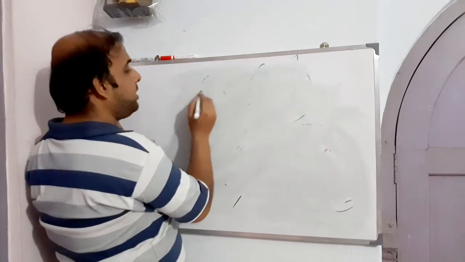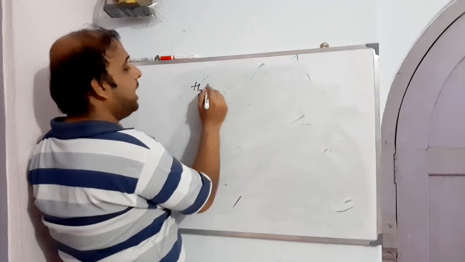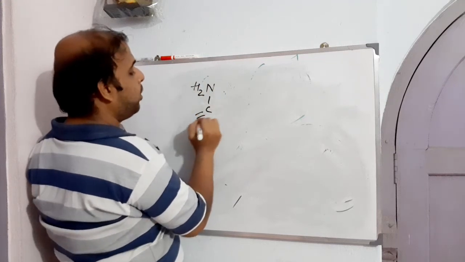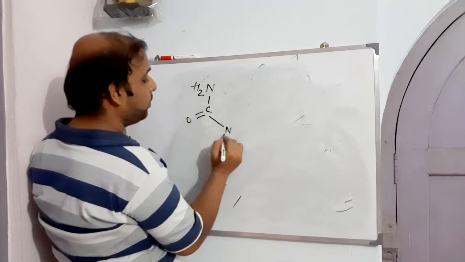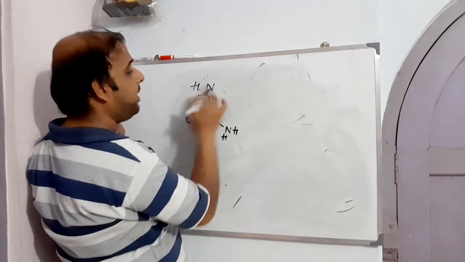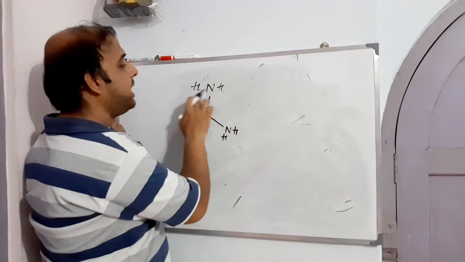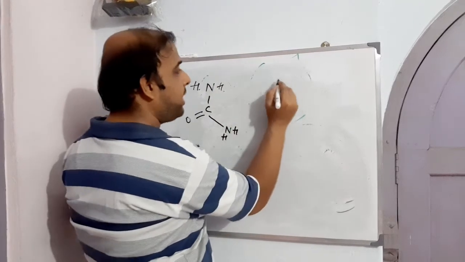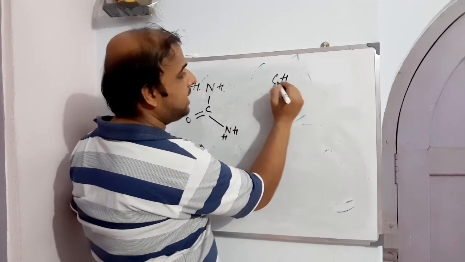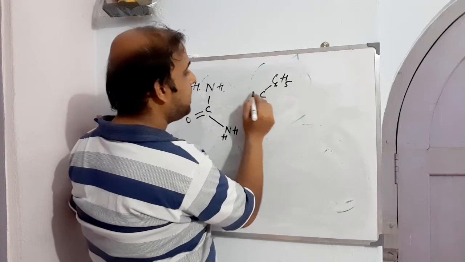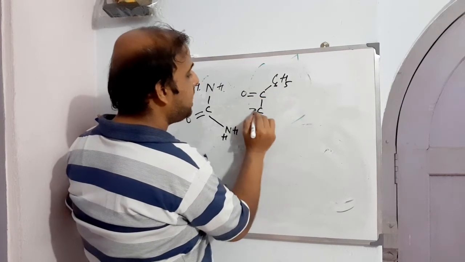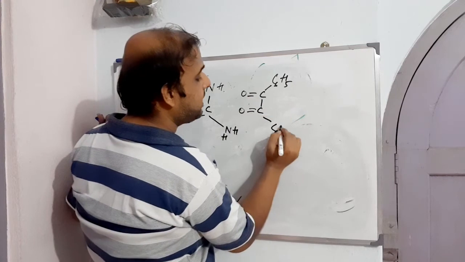Okay, so how does it go? The first one is your urea, like this, H2N-C(=O)-NH2. I'll just write it in this way. And the other thing is nothing but benzil, in which C6H5-C(=O)-C(=O)-C6H5.